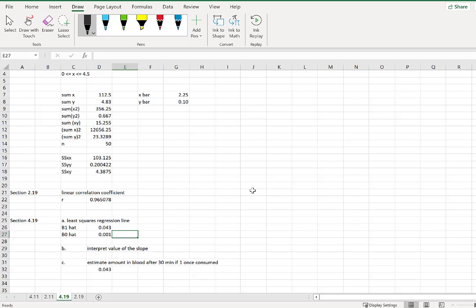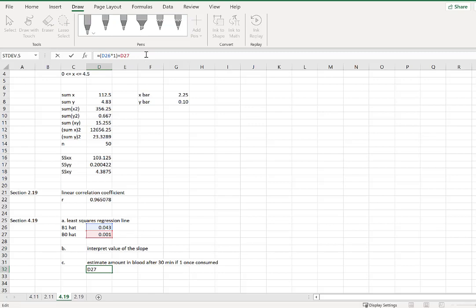For C, it said estimate the amount in the blood after 30 minutes if 1 ounce is consumed. Again, we're going to put that value into the least squares regression line that we calculated. So y hat equals, in Excel terms, D26 times x plus D27.